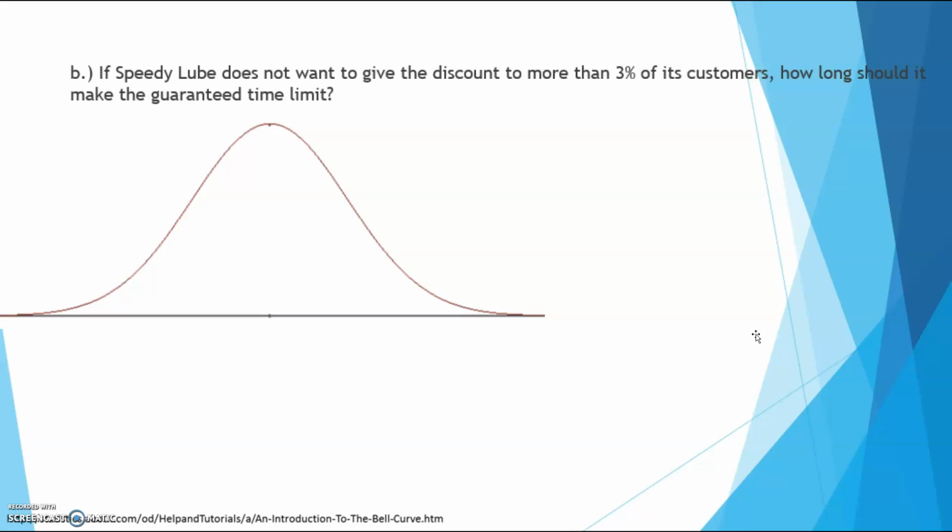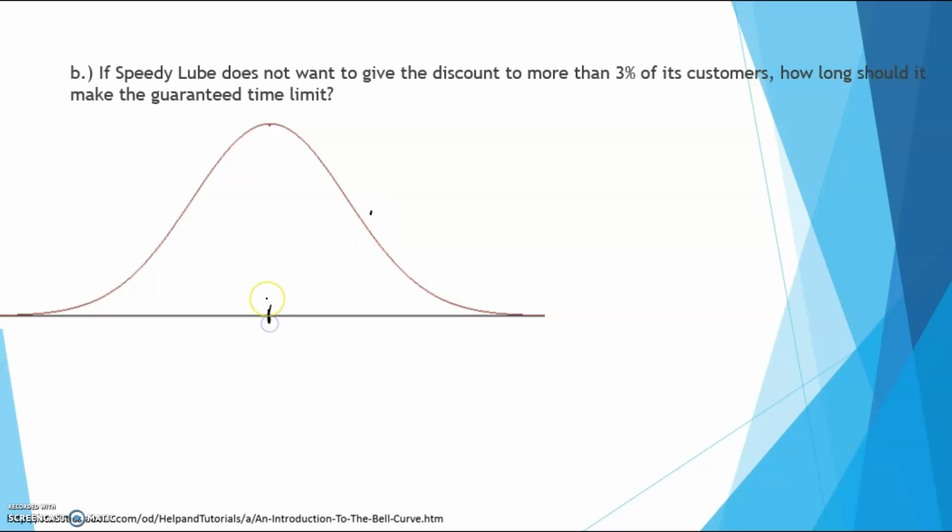Here they're saying we just want 3%, not 11.51% of the customers getting the deal for half price. So how long should we give ourselves to do an oil change? Okay, so 3% of the customers getting it for half price.